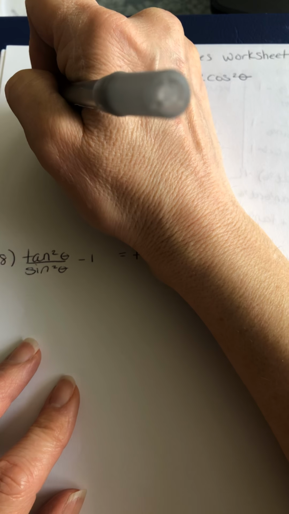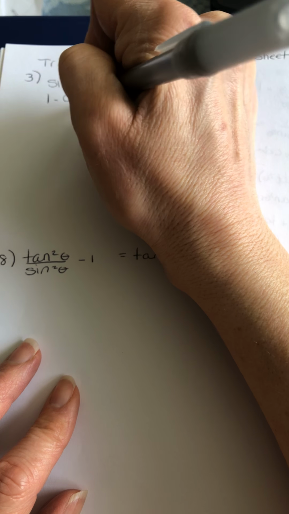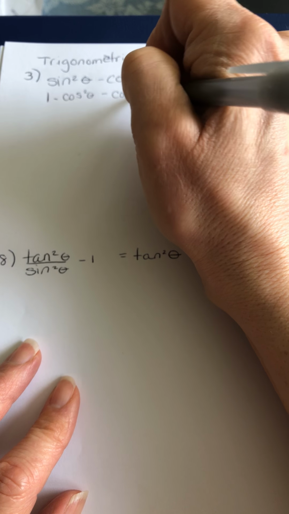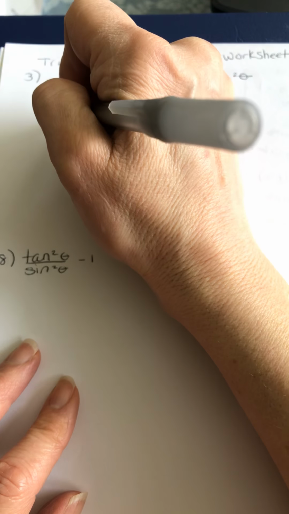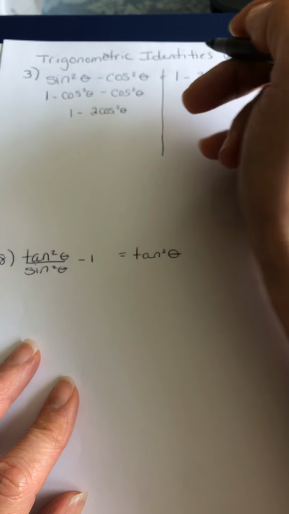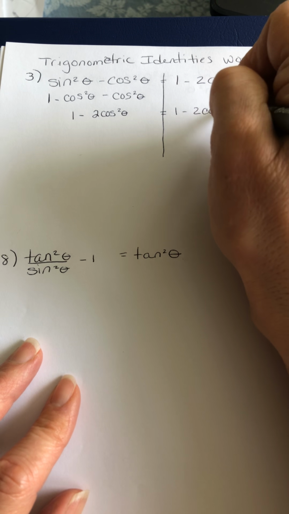So I can change this sine squared theta to be 1 minus cosine squared theta, and now I still have this. I'm going to bring that down. So I have 1 minus cosine squared theta minus cosine squared theta, and that's going to give me 1 minus 2 cosine squared theta, which is exactly the same as the other side.